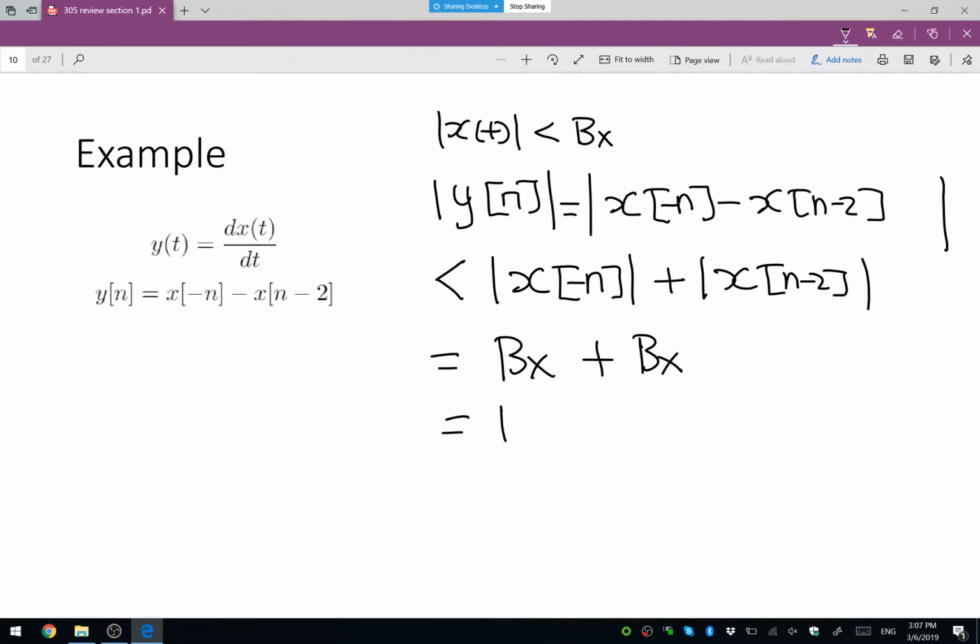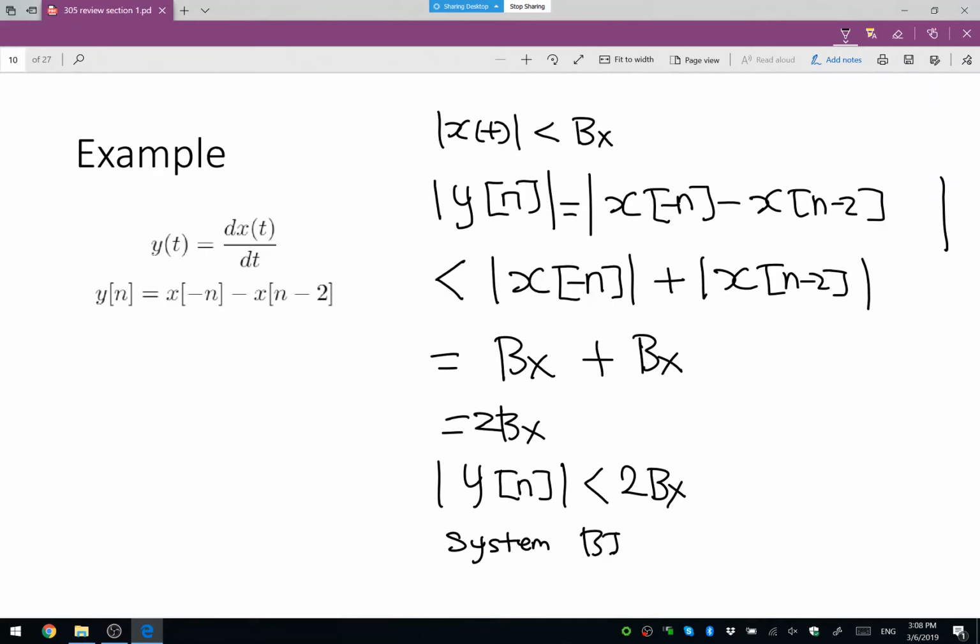So the answer is 2Bx. Remember, this is the bound of y[n]. Because the absolute value of y[n] is always less than 2Bx, we see this system is bounded input and bounded output, BIBO stable. Okay.